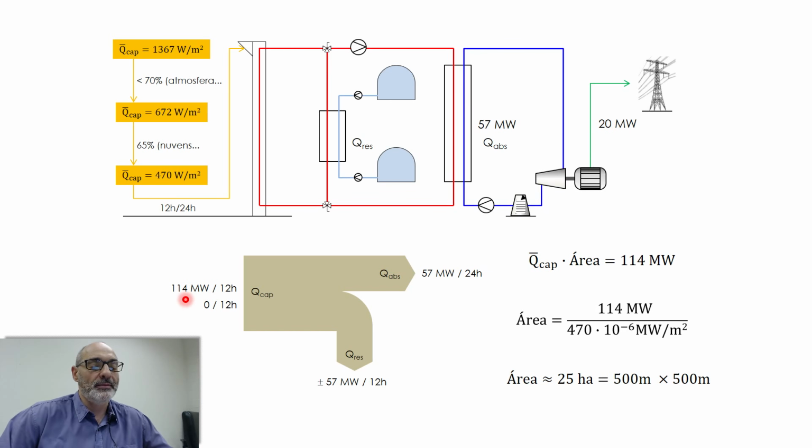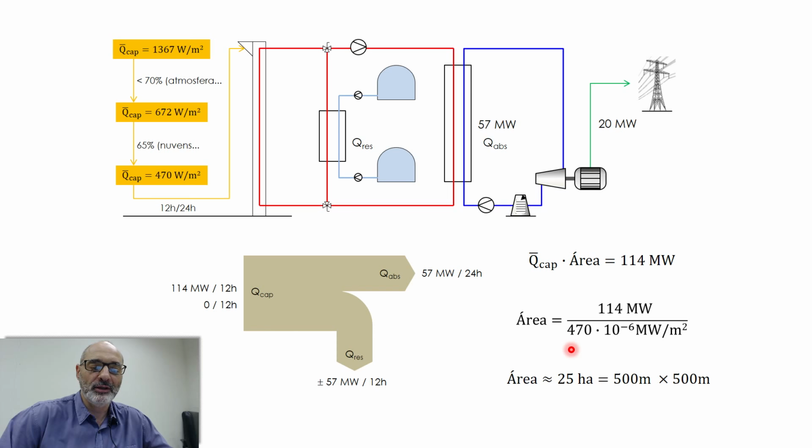Well, we have our number actually, 114 megawatts. So this is equal to the average solar energy, which we just calculated here, times the absorption area. This must be equal to 114 megawatts.